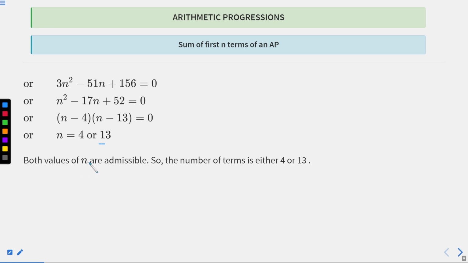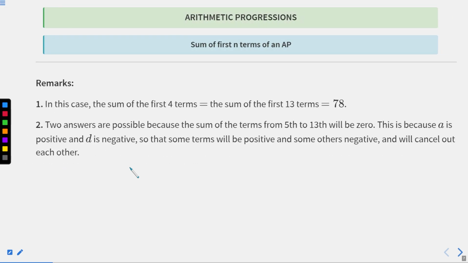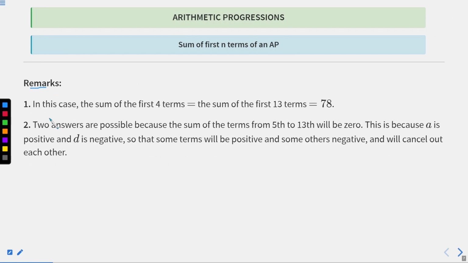Both the values of n are positive, so both values of n are admissible. So the number of terms is either 4 or 13. Here, in the remarks: in this case the sum of first 4 terms is equal to the sum of first 13 terms, equal to 78. In the second remark, two answers are possible because the sum of the terms from 5th to 13th will be 0.